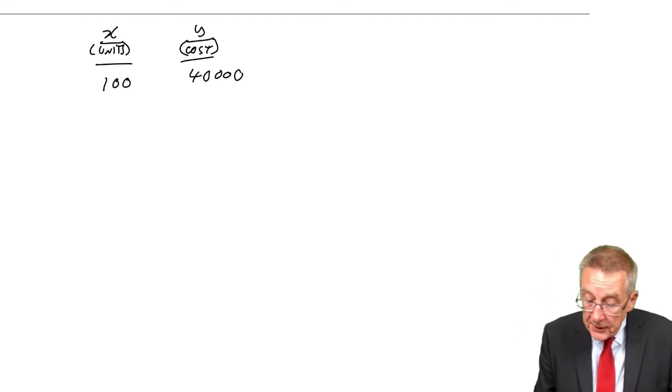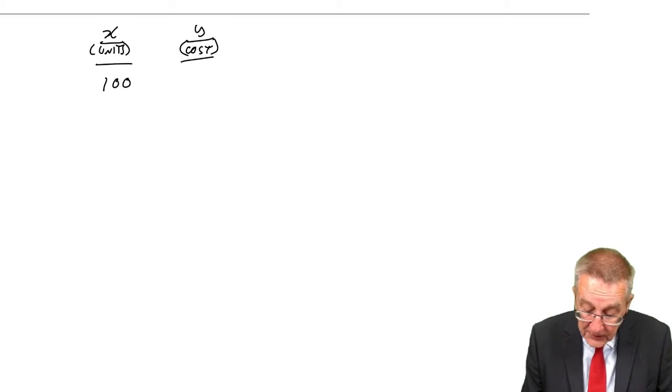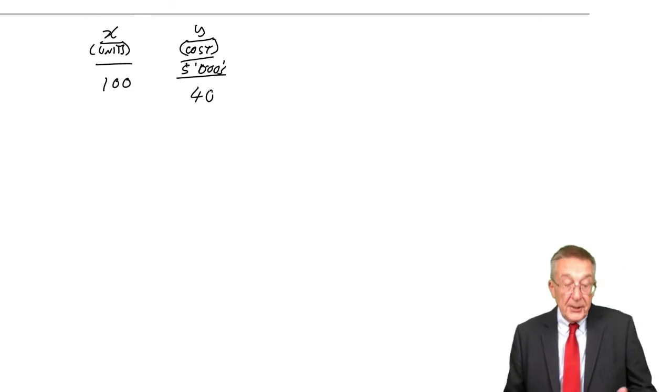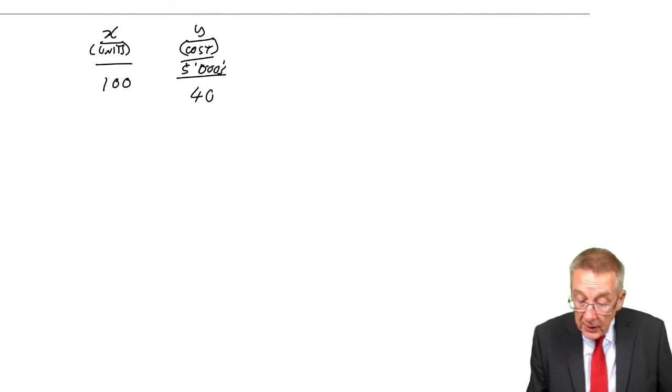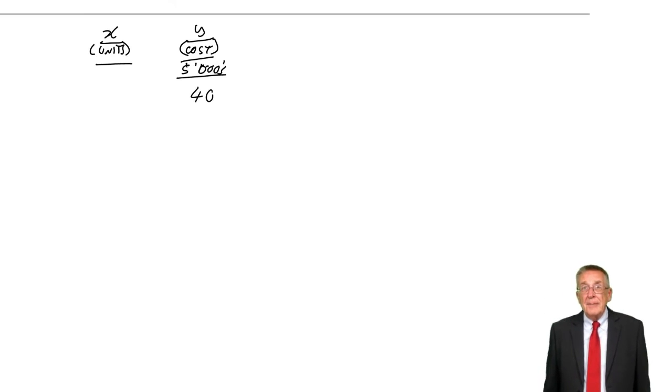So what I'm going to do is write the cost in thousands. Instead of writing 40,000, I will write 40, as was in the actual question. But also the number of units: if you look, they're all in hundreds.